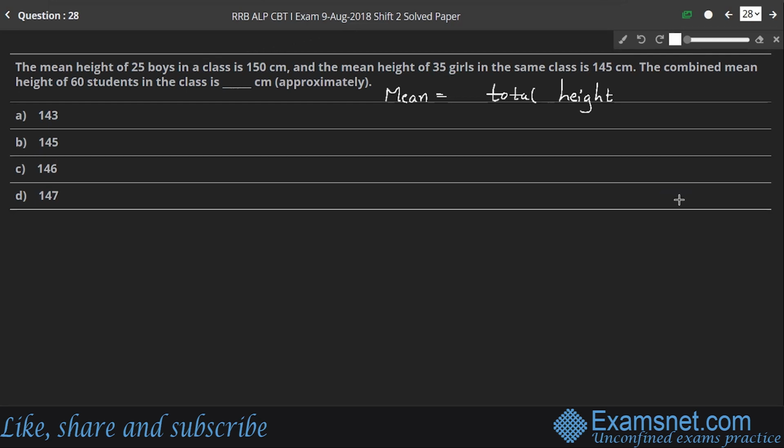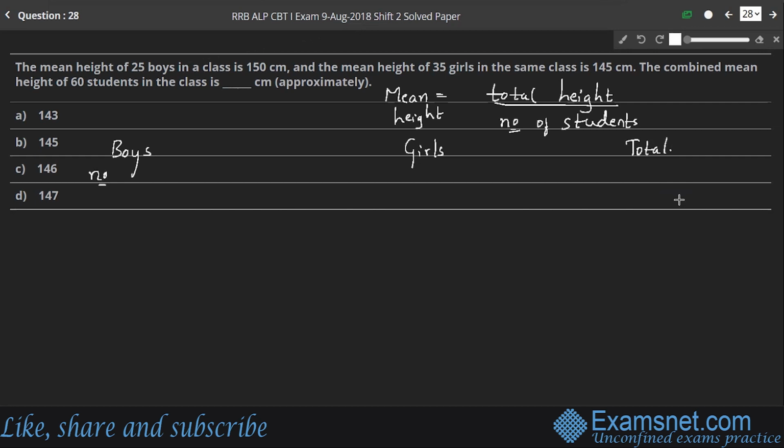So generally we take total height divided by number of students, right? Therefore, mean height is equal to total height divided by number of students, right? Using this formula, we'll consider the number of boys, girls, and total class strength separately, right? So number of boys, girls, and the total, right?